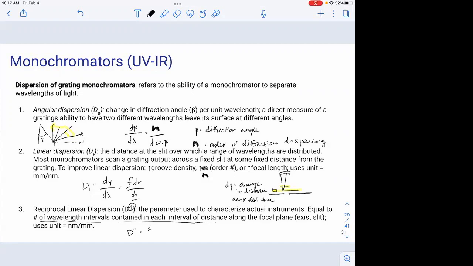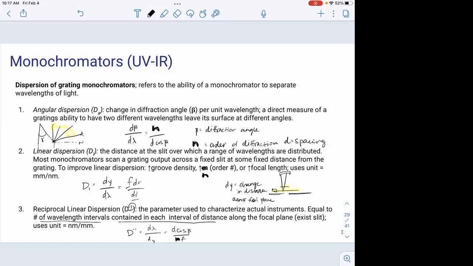So I have change in wavelength over the change in the length of the range at the focal plane, equal to, I can do a quick substitution of that first equation in here to get n and f.